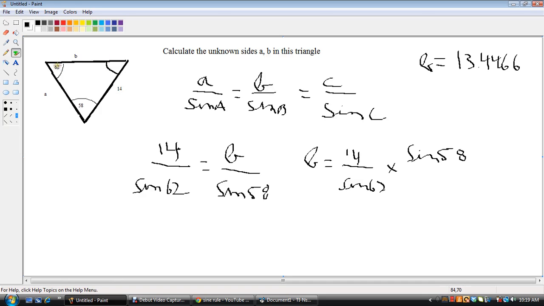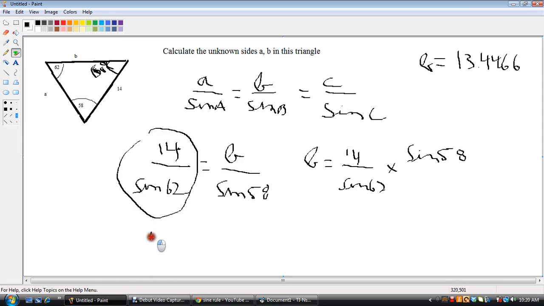Since we know that the interior angles of a triangle add to 180, we can quickly establish that this angle is 60 degrees, because 62 plus 58 is 120, and we need to get to 180, so this has a value of 60 degrees.